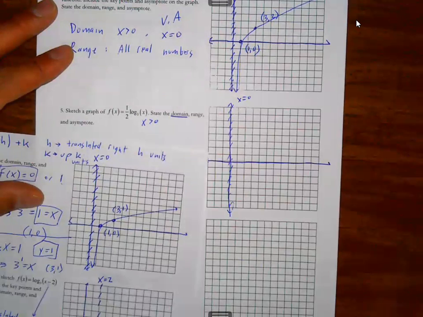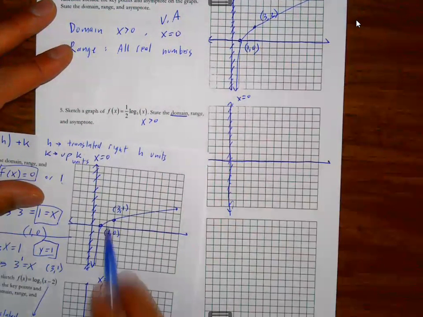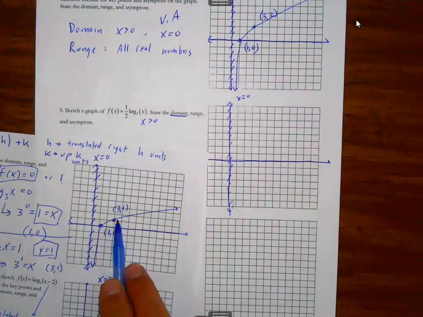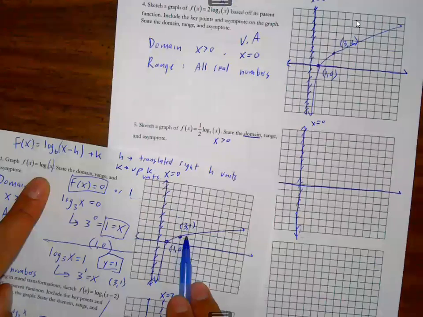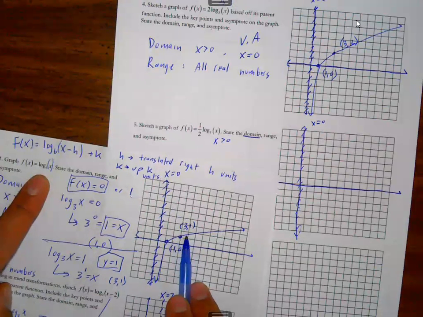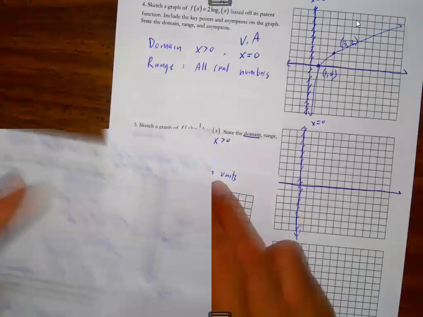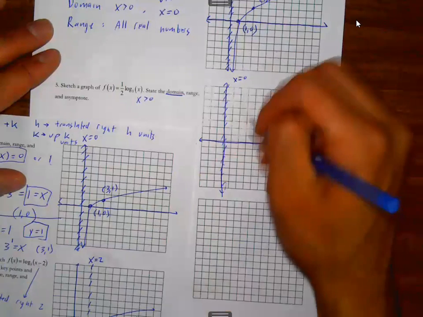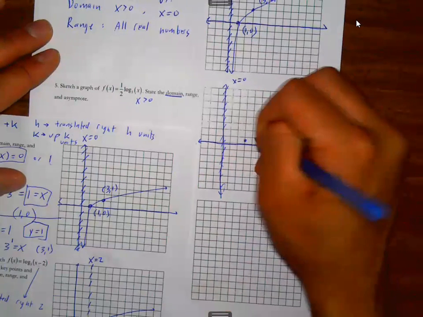But these points, you take this point, which is at 3 comma 1, and now we're taking these y coordinates, which were equal to the log of x base 3, and now we're multiplying them by 1/2. So now this point at 3 comma 1 is going to be at 3 comma 1/2.